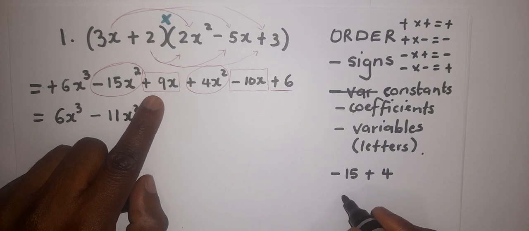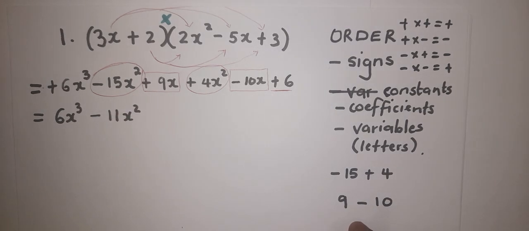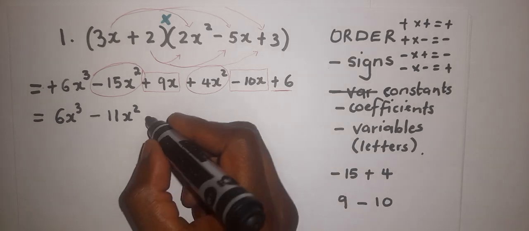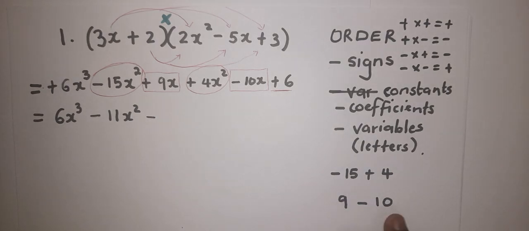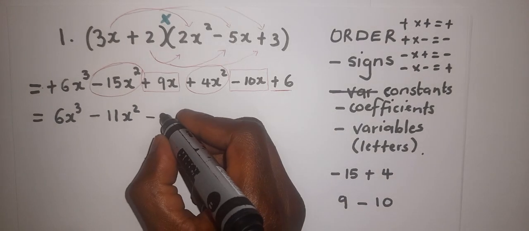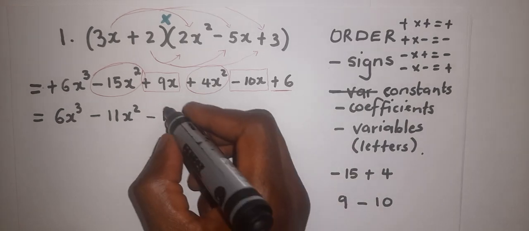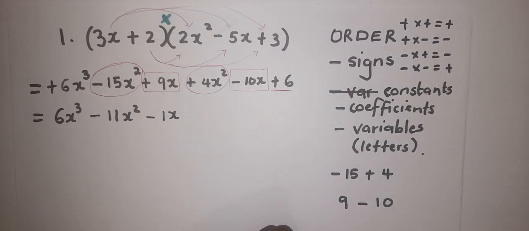We do the same with these two. We have a 9, which is positive, and a 10, which is negative. Again, two integers we are trying to add, or subtract. Simplifying these two integers, we take the sign of the bigger integer, which is a negative, and then we subtract. 10 minus 9 is 1. And then this one goes with an x, then we'll have 1x.